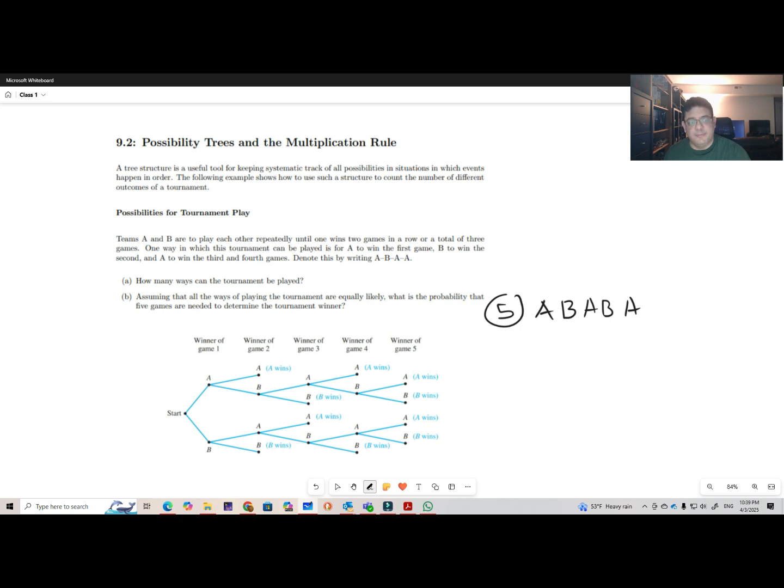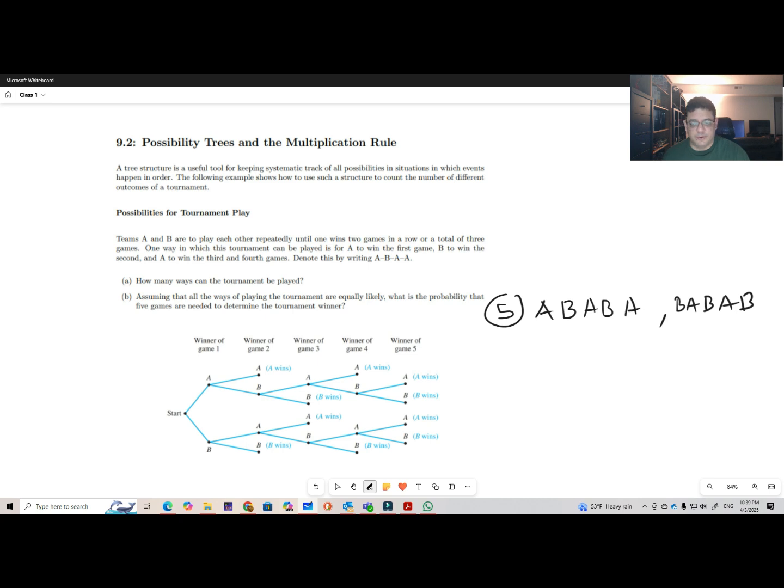So it takes them up to the last point to achieve victory with 3 games. This can also happen with B, so you can have B, A, B, A, B.